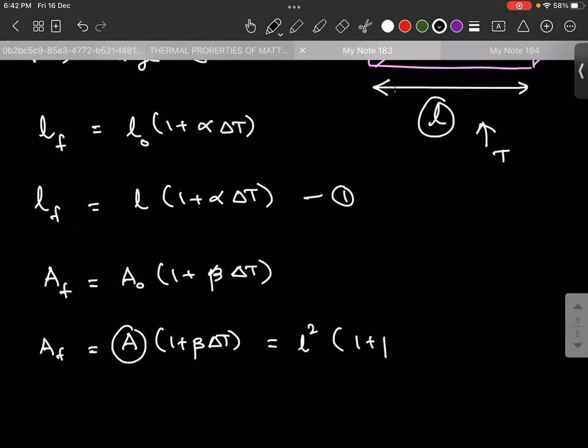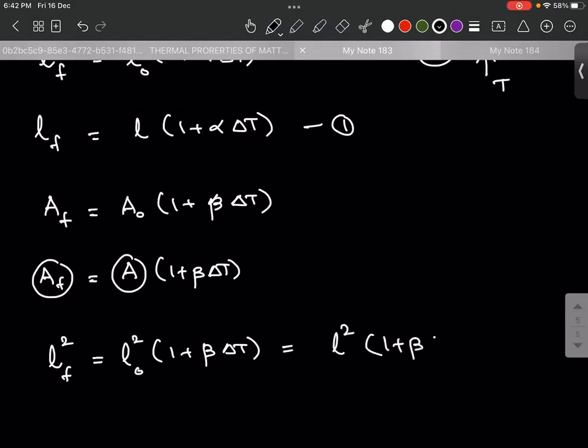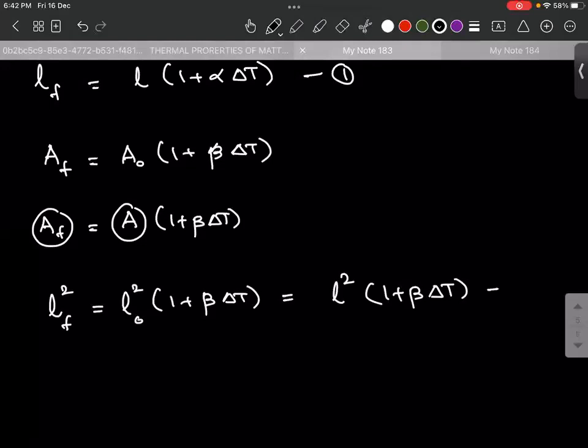Actually, A final is L final square. So L final square is equal to L naught square into 1 plus beta into delta T. This will be equal to L square into 1 plus beta into delta T. Now let me call this 2.